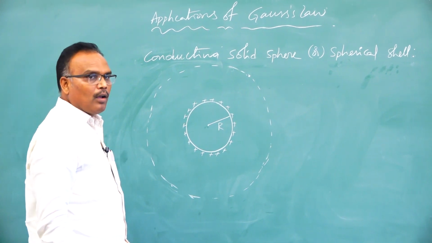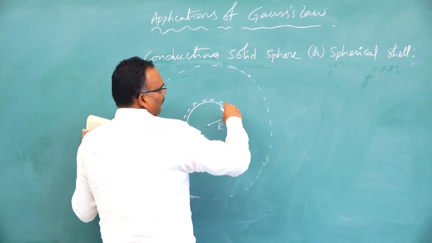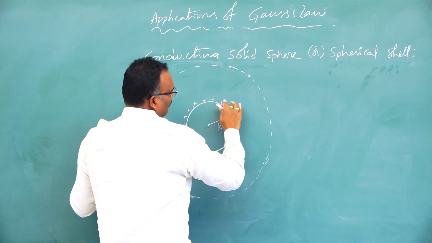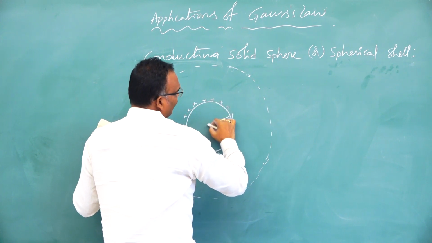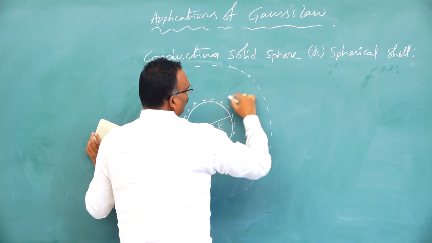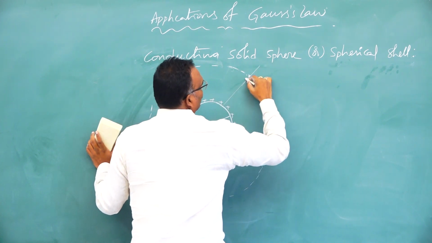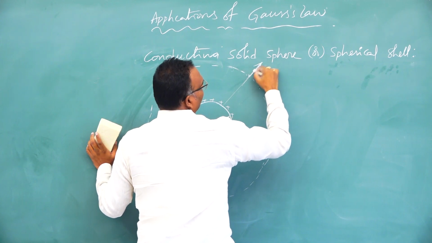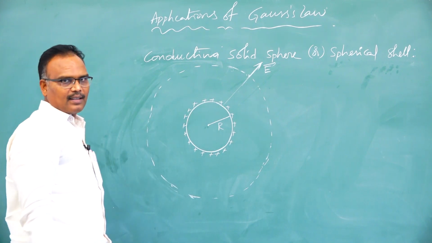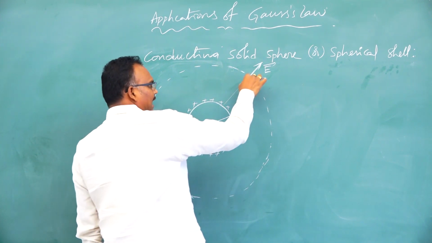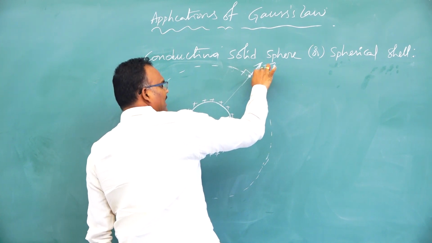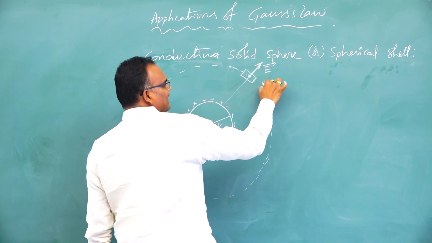Second, for example, here positive charge is lying. So for positive charge, the electric field will be radially outwards. So this is the direction of electric field. If I want to calculate the electric field here, I need to take an elemental Gaussian surface, say ds.